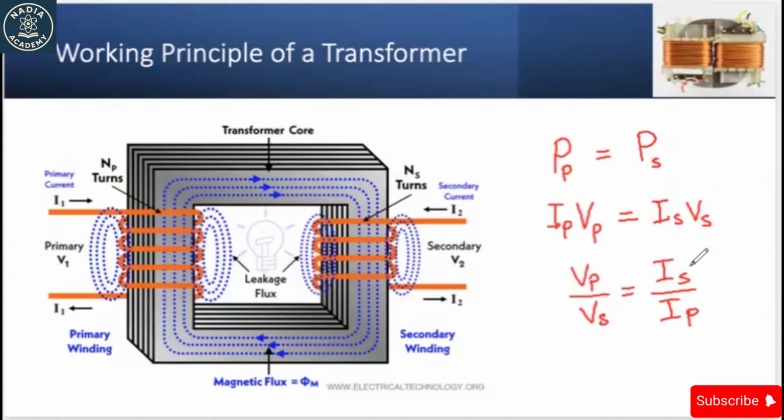From this equation, we can easily understand that if we increase our secondary voltage, meaning that Vp is smaller than Vs, then Is is smaller than Ip. If Vs is increasing, Is is decreasing. This is the reason that the law of conservation of energy holds. If voltage is increasing, current is decreasing.